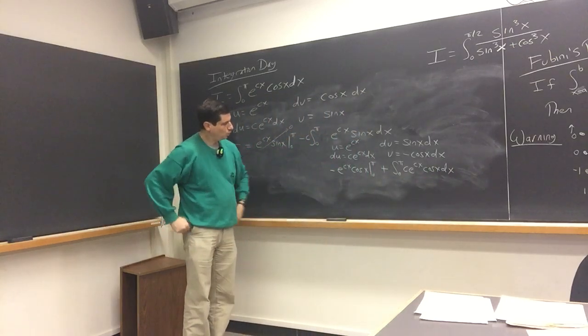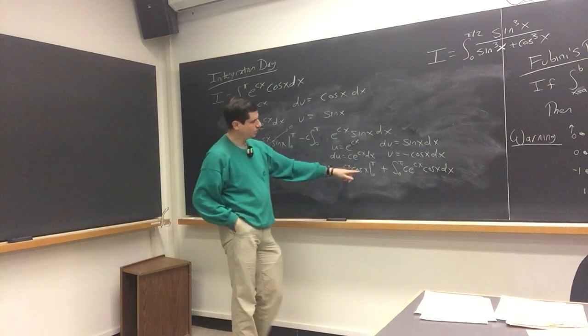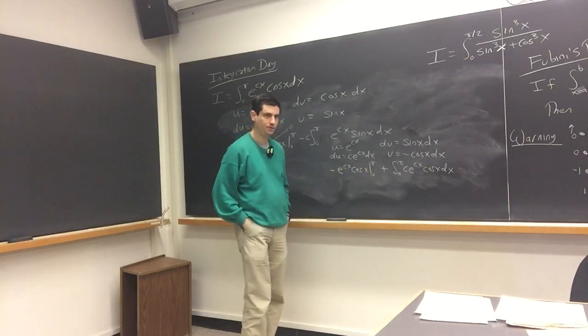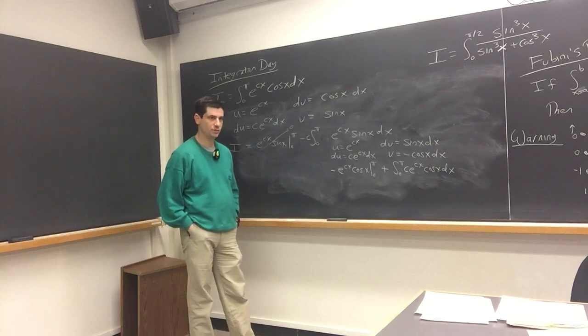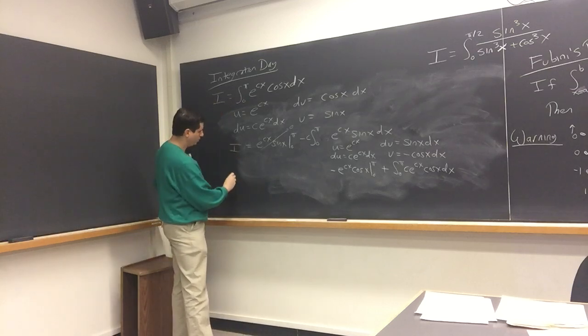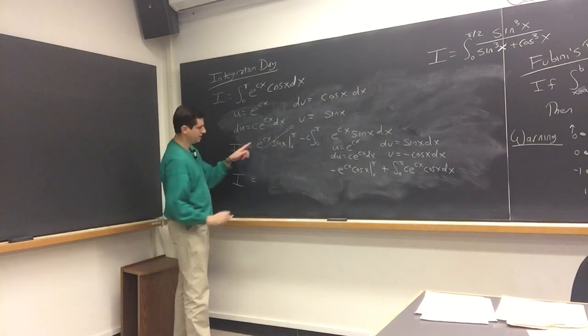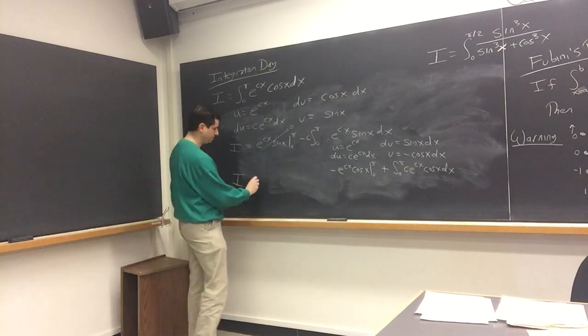Okay? What do I get when I do cosine of pi and cosine of 0? I'm sorry? 1 and negative 1. Right? So it's not going to vanish, unfortunately. So what we get when we put everything together is I equals, so I'm going to have negative c.